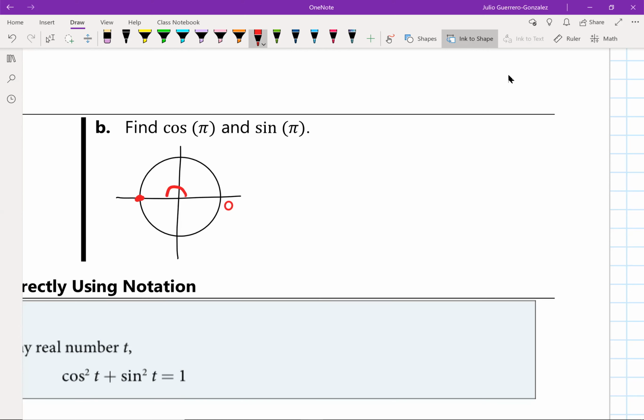We have to go that far around for pi. Okay. We know this coordinate is -1, 0. So cosine of pi is going to be -1, and sine of pi is going to be equal to 0. That easy.